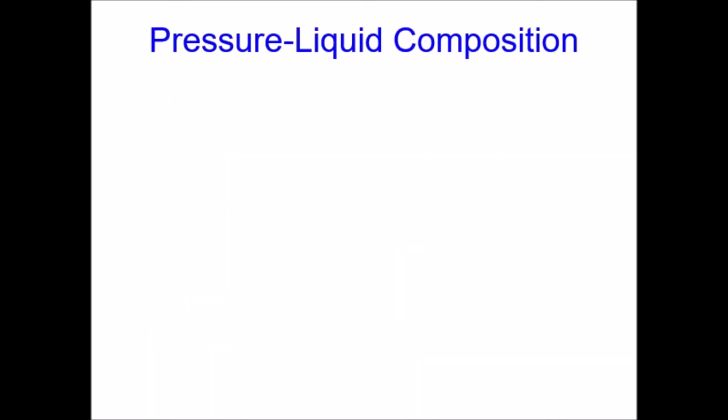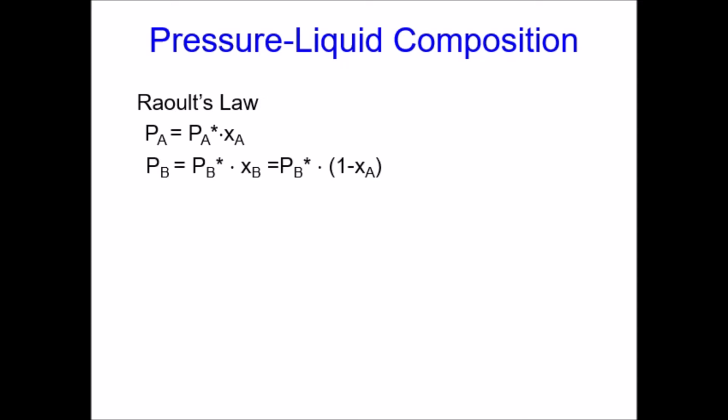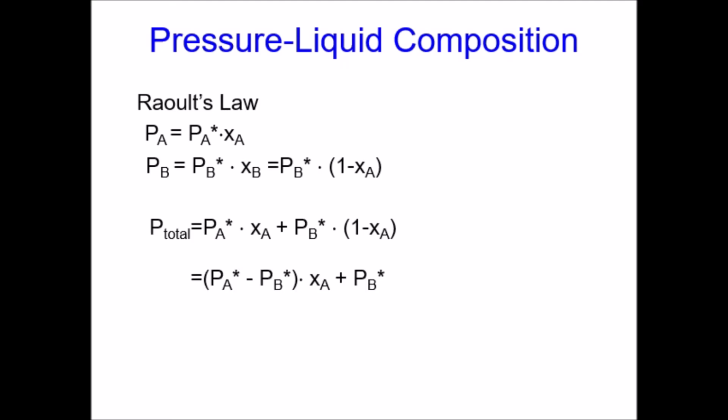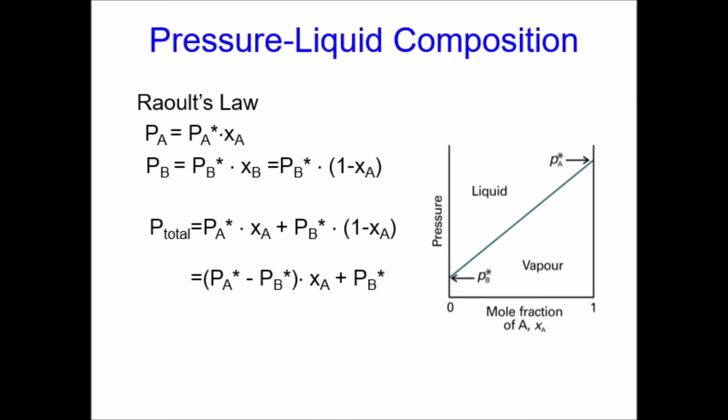The pressure composition phase diagram can be theoretically derived and plotted. By using Raoult's law, we can express the partial pressure of A and the partial pressure of B as a function of XA, and combined together, we have total pressure as a function of XA. We can plot total pressure as a function of XA. We get a straight line, and that's one of the two curves we see in the pressure composition phase diagram.